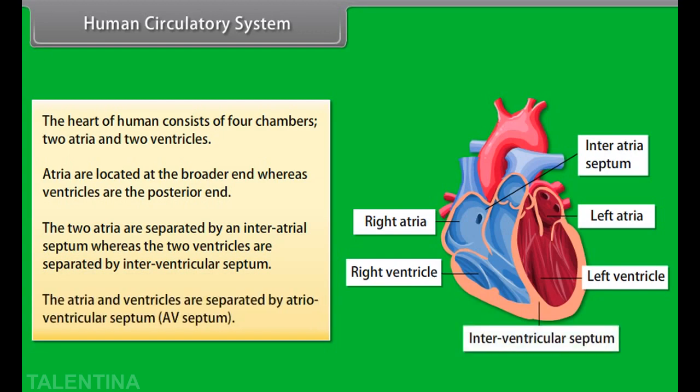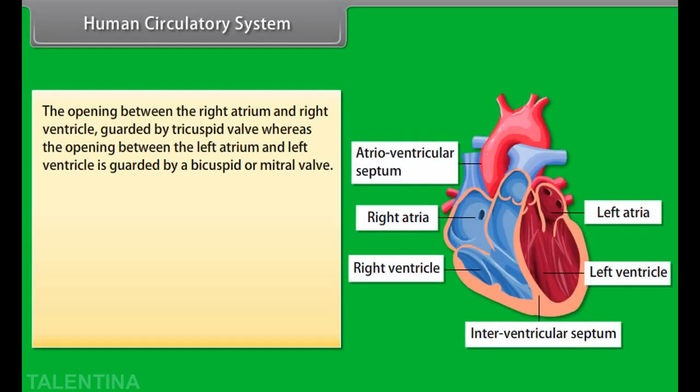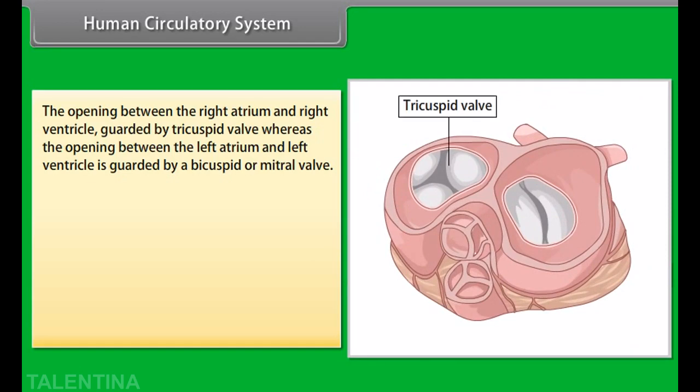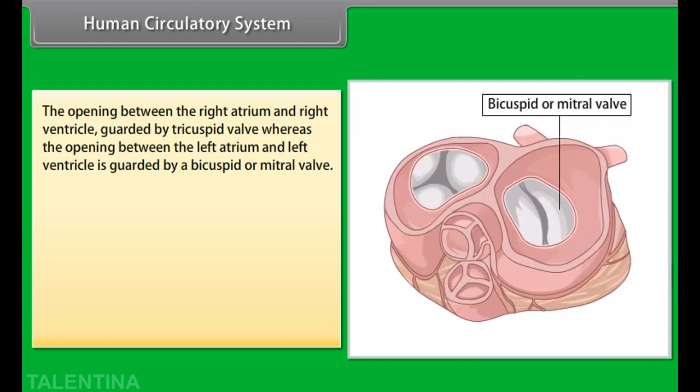The atria and ventricles are separated by atrioventricular septum. The opening between the right atrium and right ventricle is guarded by tricuspid valve, whereas the opening between the left atrium and left ventricle is guarded by bicuspid or mitral valve.